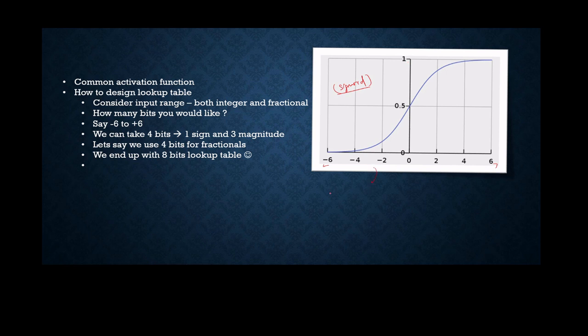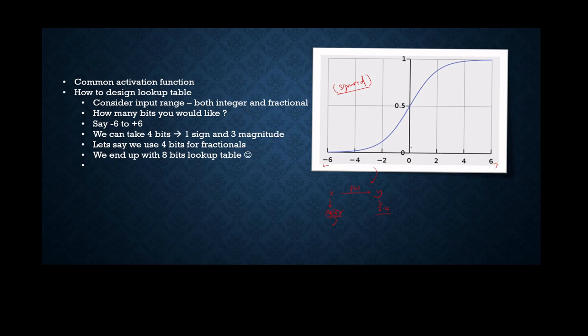Now, first thing first, it's a function that maps x to y, f of x. So we have to know what size the input is and what size the output is. In this case, we are saying it's 4.4 and this is 2.4. 4.4 because that can represent this -6 to +6. And for the fractionals, we just chose 4 bits, hopefully that's enough. If not, you can keep adding more. For the output, we could have done 1.4 because there is not much going on here.